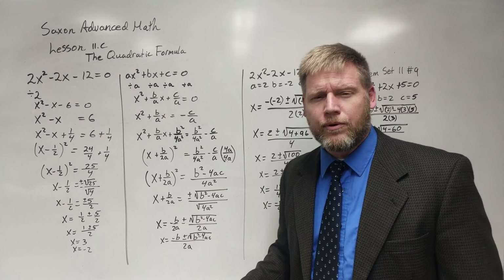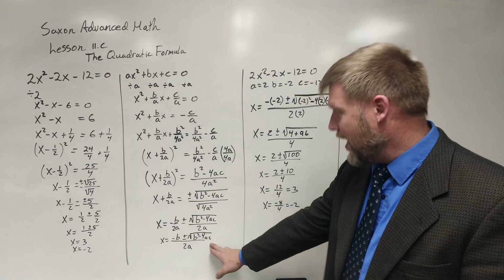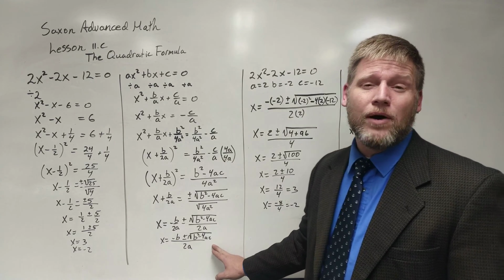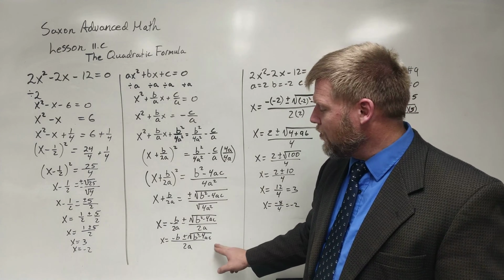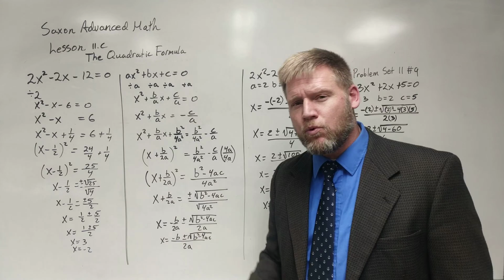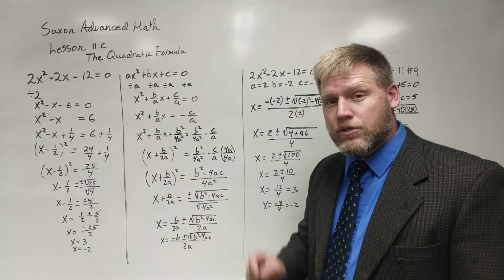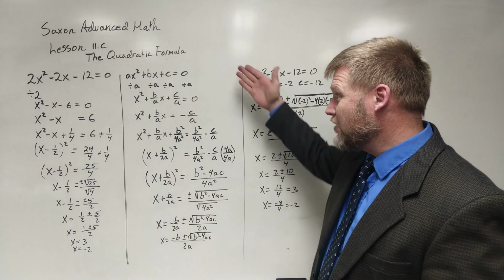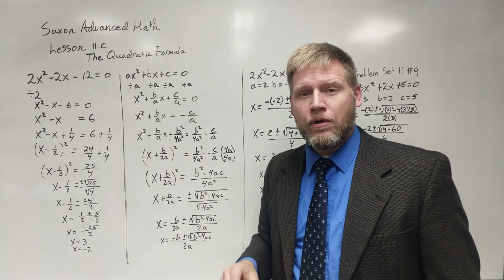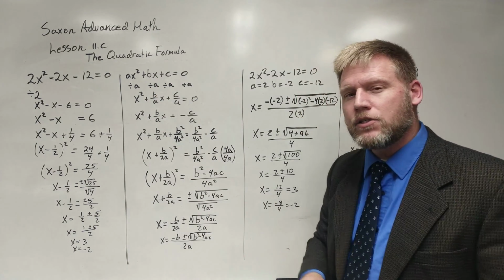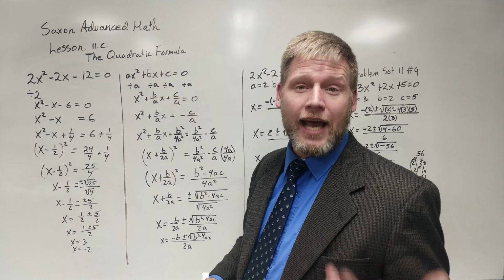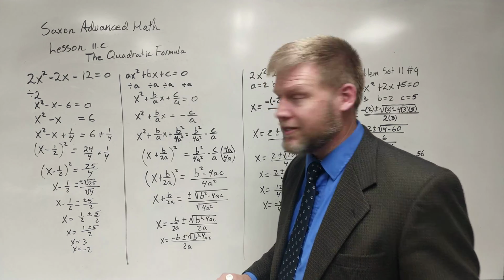Why is that so useful? Well, at this point, you're looking at it saying, that looks a lot worse than anything I've seen. Why would I want this? This formula allows me to find the roots, even if the roots are imaginary. I can factor any trinomial by just identifying. And this is the method that I mentioned in other videos with encapsulation, if you're following through the series here.